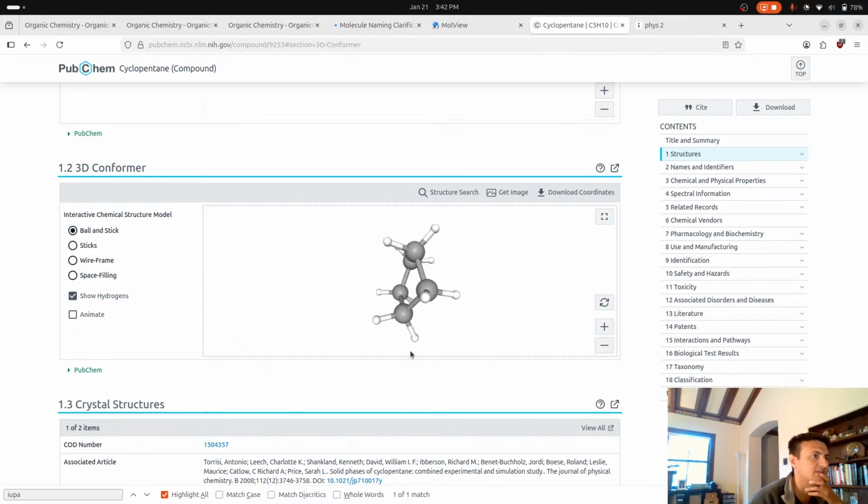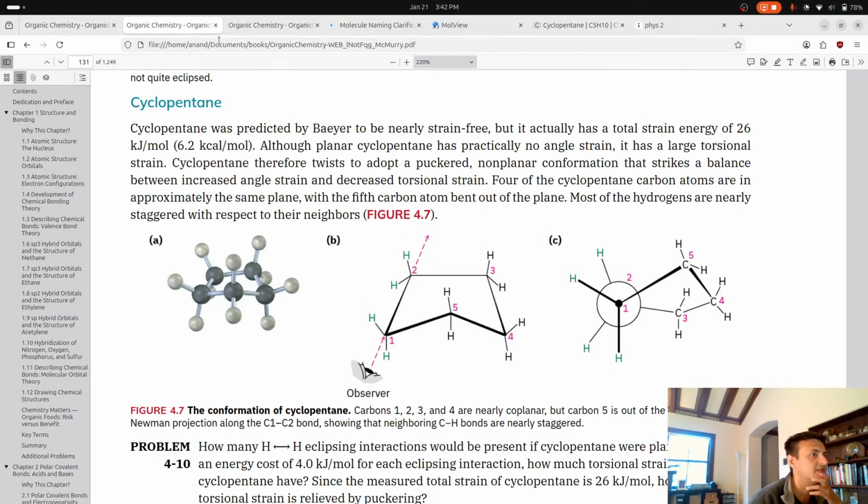Why don't they? Or wait, eclipsed or staggered? They don't look staggered.